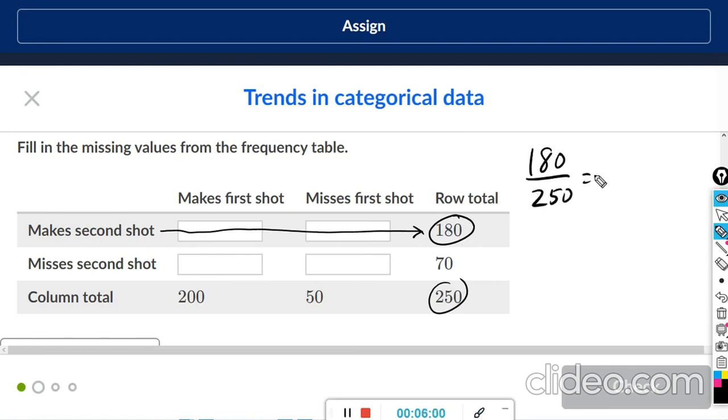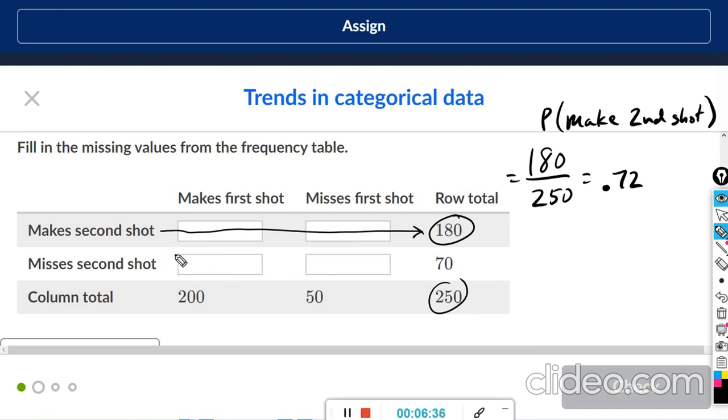On the calculator, 180 divided by 250 is going to be 0.72. We don't have to worry about anything else because these are all independent events. So the probability of making the second shot is 180 out of 250 or 0.72.